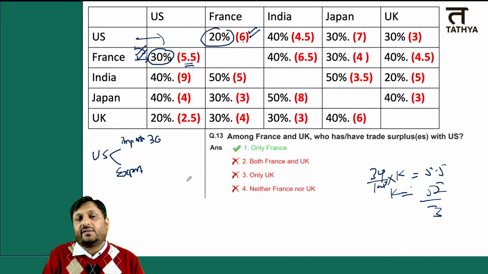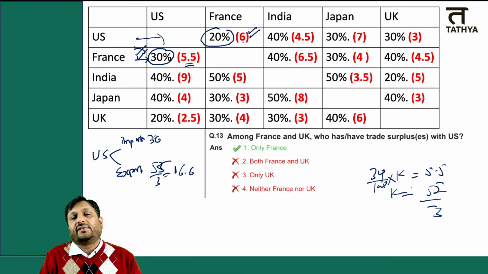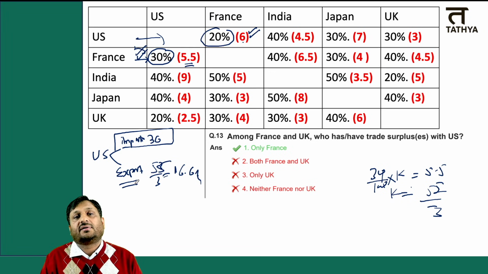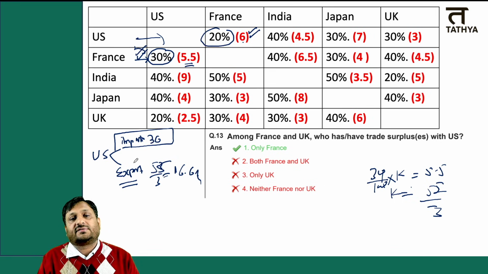And 55 by 3 will be 16 point something. So, it means the US is importing more and exporting less. So, it means the US is in trade deficit with France.